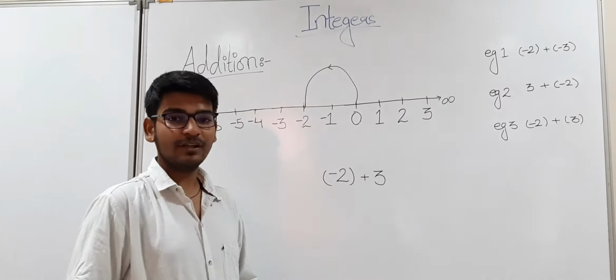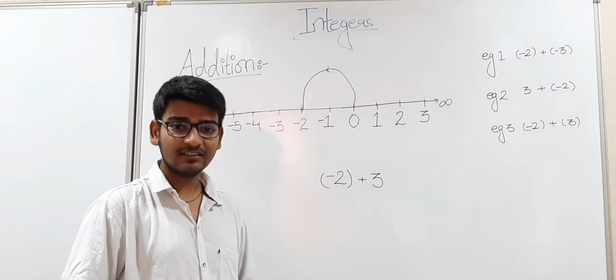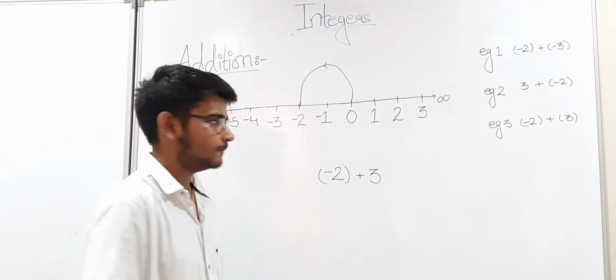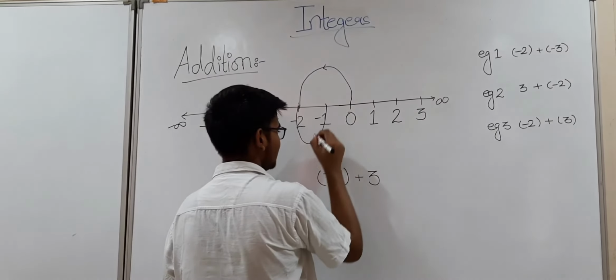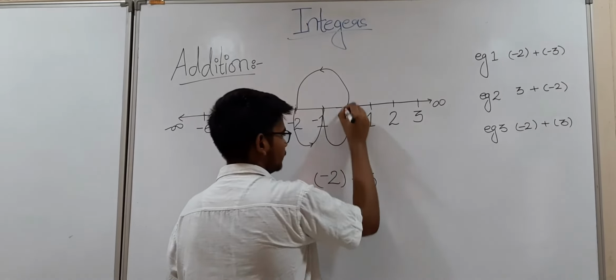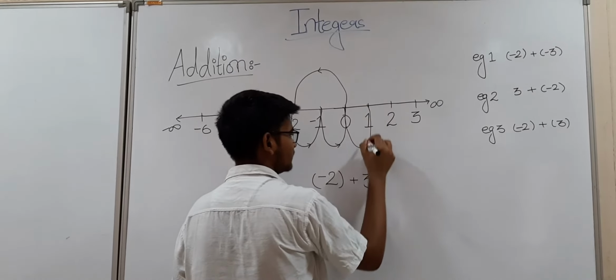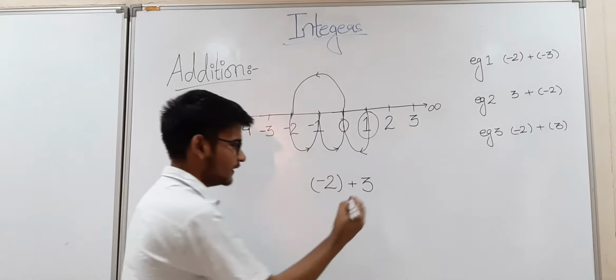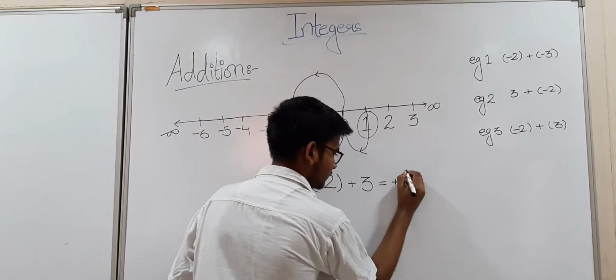And since the absolute value of plus 3 is 3, we will move 3 steps towards the right hand side. That will be 1 step, 2 step and the third step. So our answer will be positive 1.